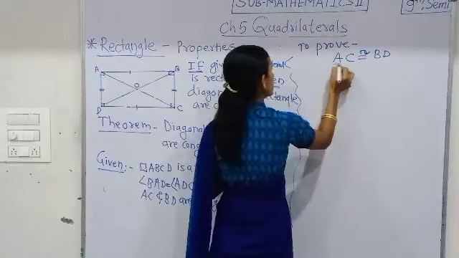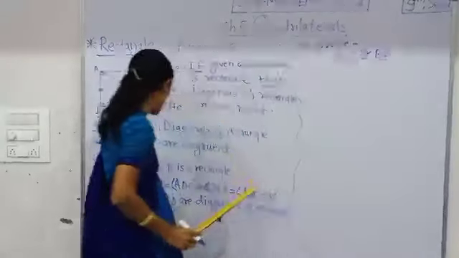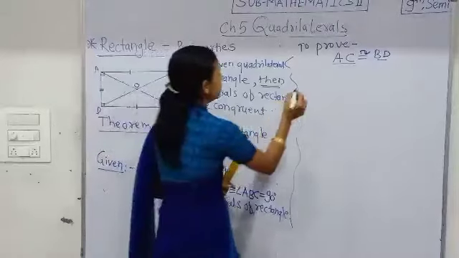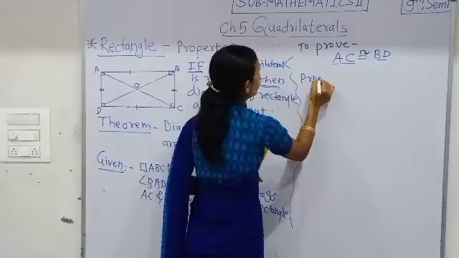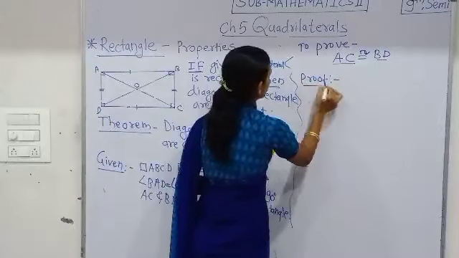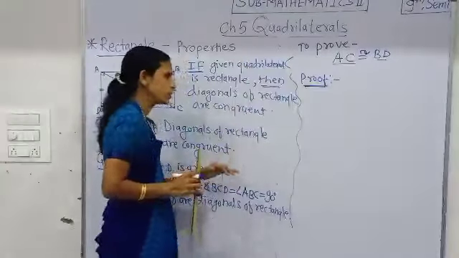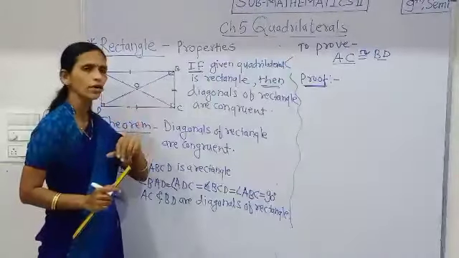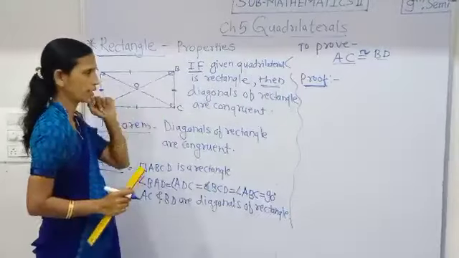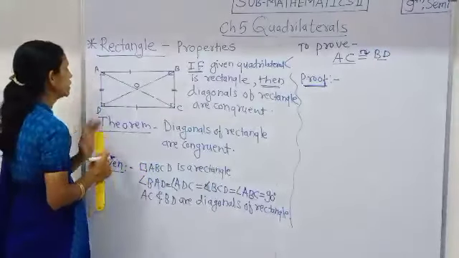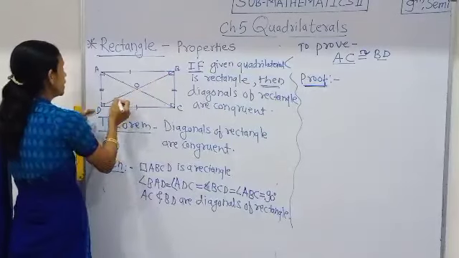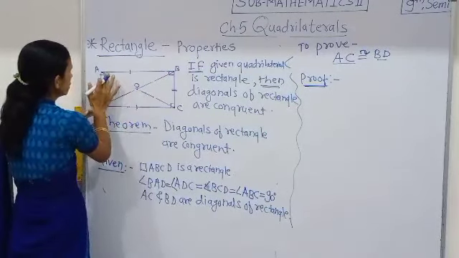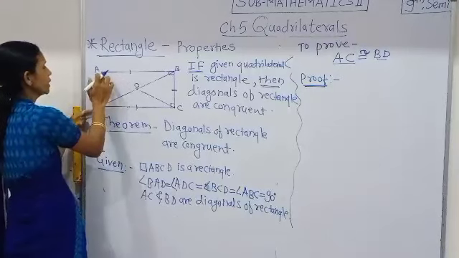Then we have to prove this property on the basis of the properties which we have already known about the rectangle. As BD, that diagonal of the rectangle is drawn here, therefore here the triangle is formed.